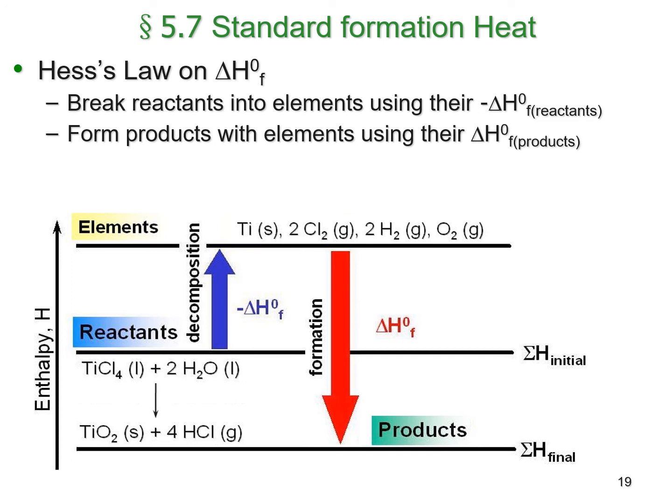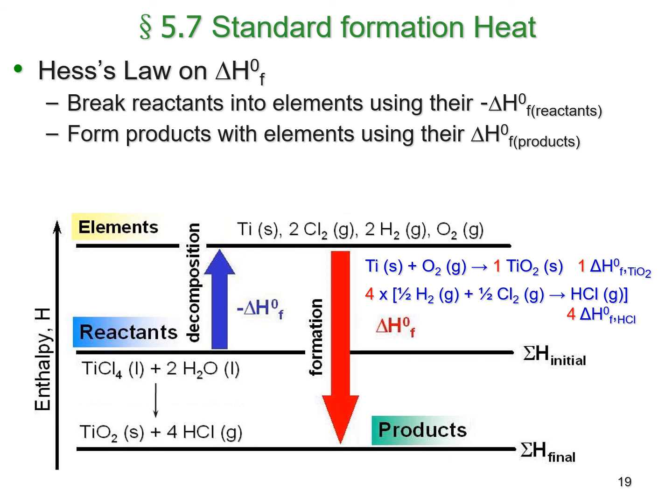So for example, titanium now bonds with oxygen in order to form 1 mole of titanium oxide. So that is the standard heat of formation of titanium 4 oxide, TiO2. Remember, the question is going to form 4 moles of HCl.